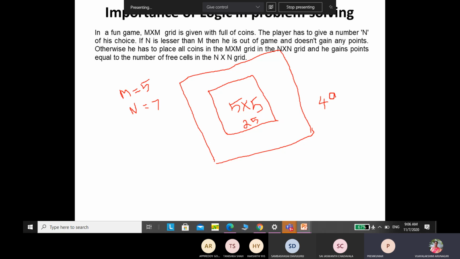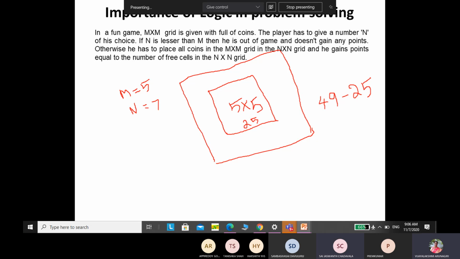Then what is my game point? 24. How? 49 minus 25 is 24. Understand? This is the answer for this problem. Clear?